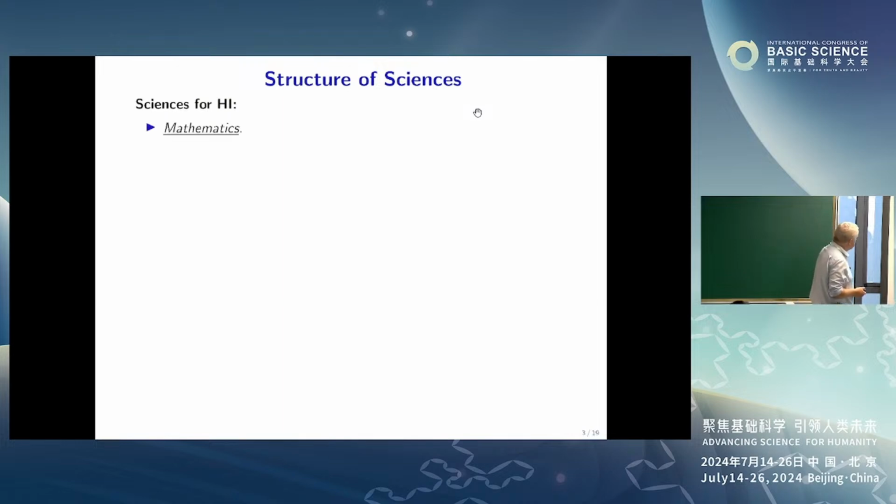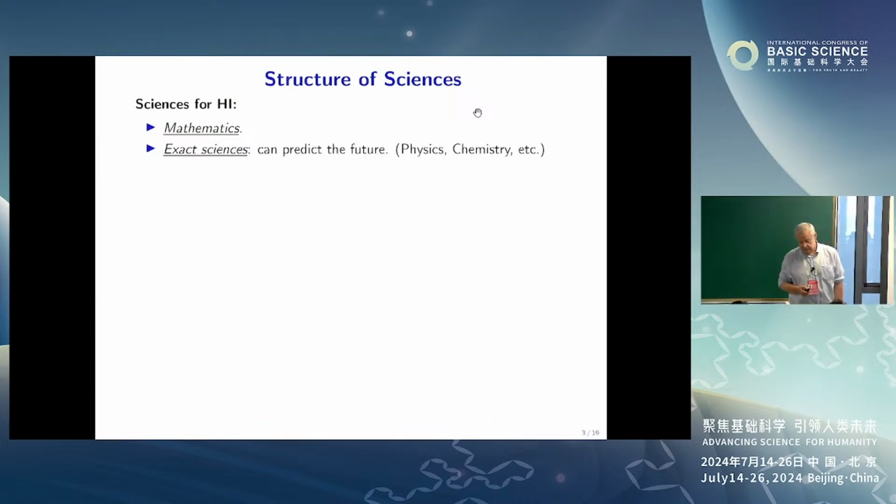It is an initial rule. So after that, there is a big exact science. Exact can predict the change like that. You see that using these sciences, the result of the sciences, so we can think and we know what will be the result. So we can predict performance of such things and so on.